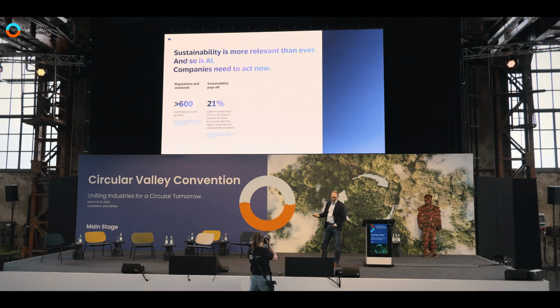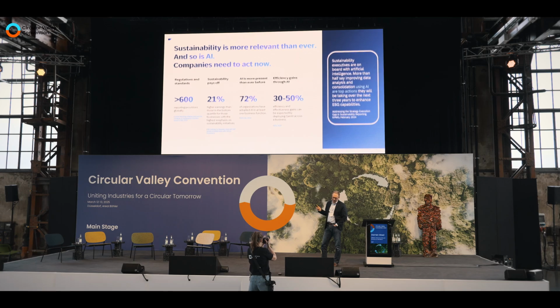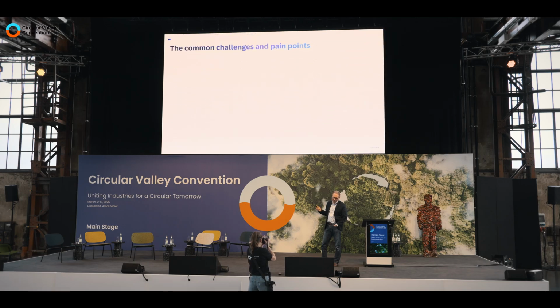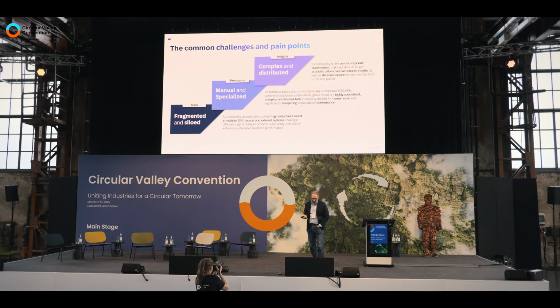What are we going to do to help? Okay, I'll skip through this one because we've already talked about the regulations. So, basically, the challenges you face are fragmented and siloed data. It's all very manual. Collecting this data can be extremely manual. And you need insights.